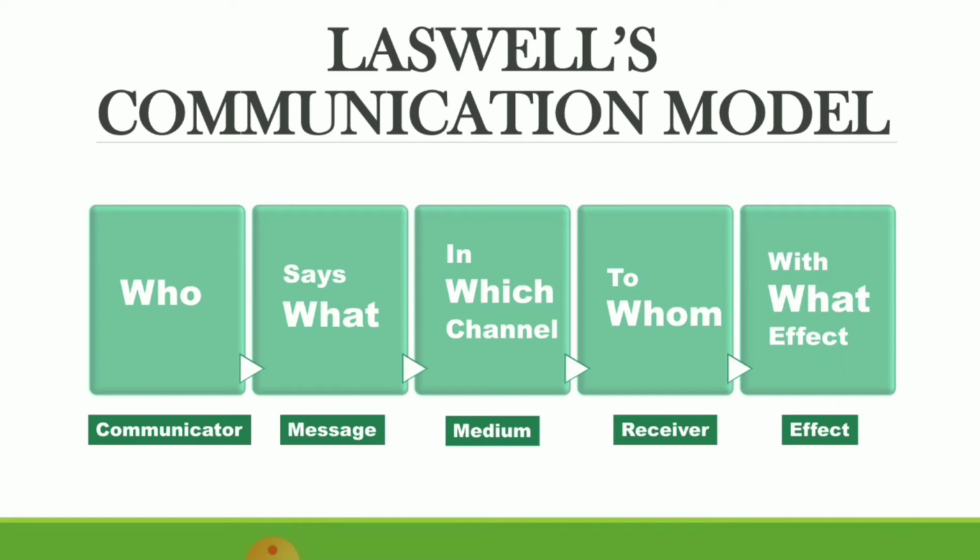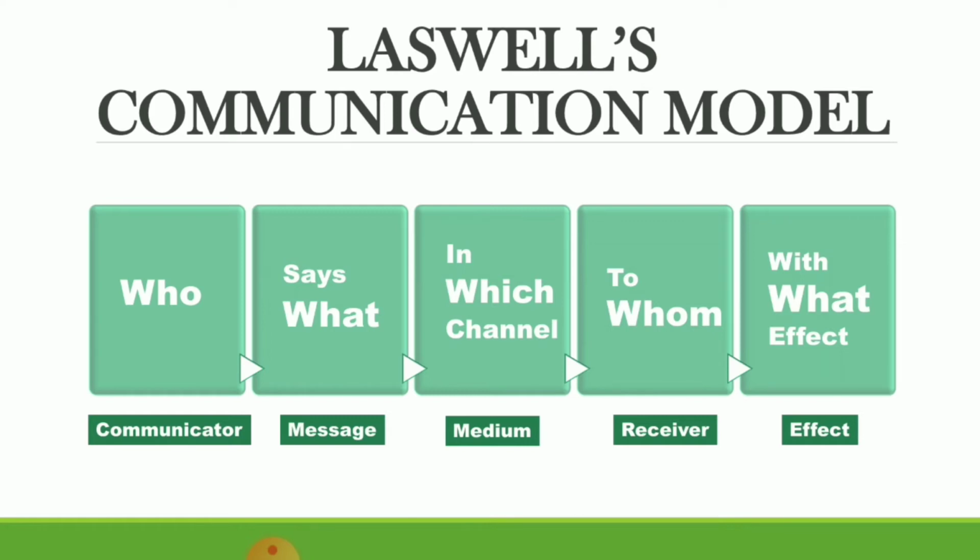The whole process of communication begins with the communicator sending out a message using a medium for a receiver experiencing an effect afterwards. The process may be analyzed through the content sent, the medium used, as well as the effect on the recipient of the message.